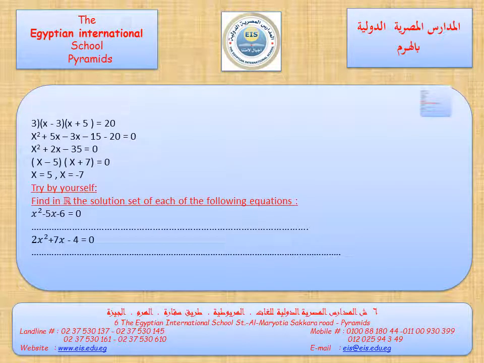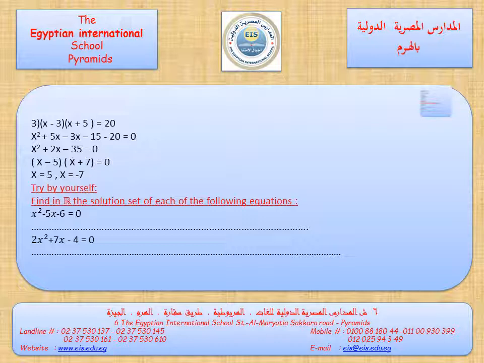The third example, x minus 3 and x plus 5 equals 20. We can't solve this example as it is. Why? Because it's not equal to 0. Okay, what shall we do? We should distribute the two brackets over each other.